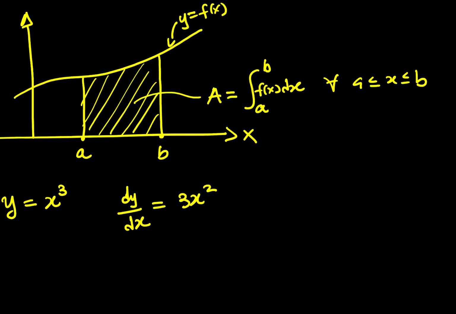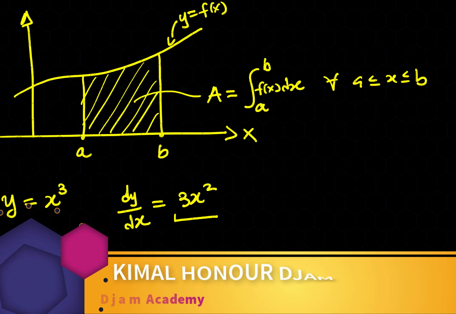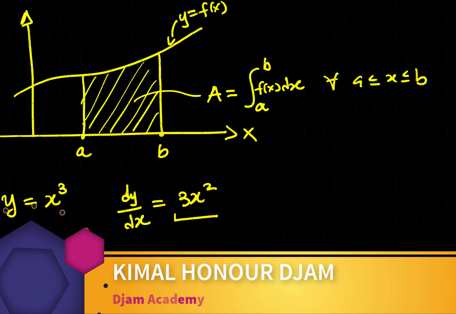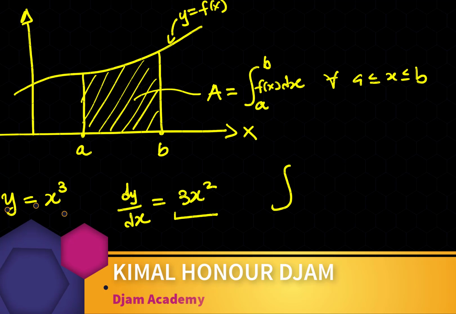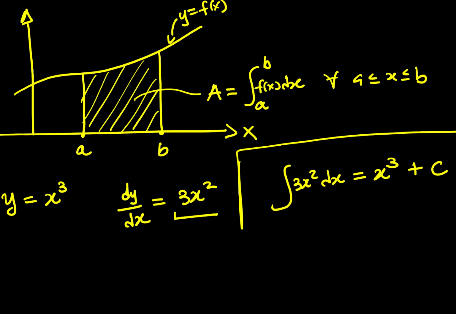Because integration is the opposite of differentiation, it means that if we integrate 3x squared, our answer has to be x cubed. In other words, the integral of 3x squared dx will be equal to x cubed. I'm going to add here plus c. I'll explain later.